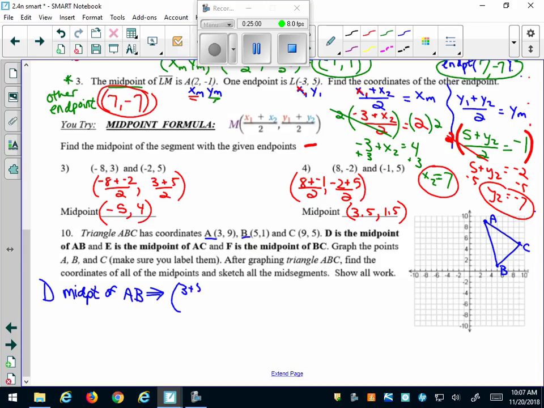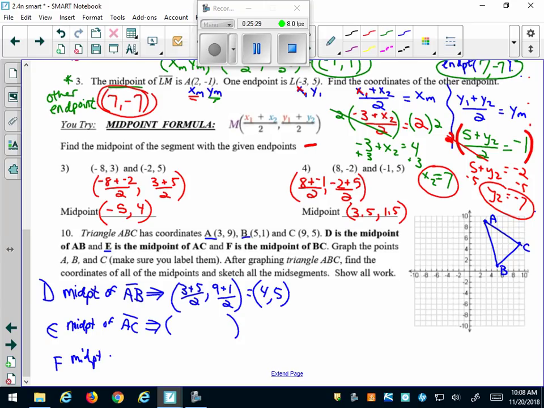So 3 plus 5 over 2, 9 plus 1 over 2, which is 4, 5. And then they want E to be the midpoint of AC. So we have to use the coordinates from A and C. And then point F is the midpoint of BC. So we have to use the coordinates from B and C. I'm going to give you a minute to do that.